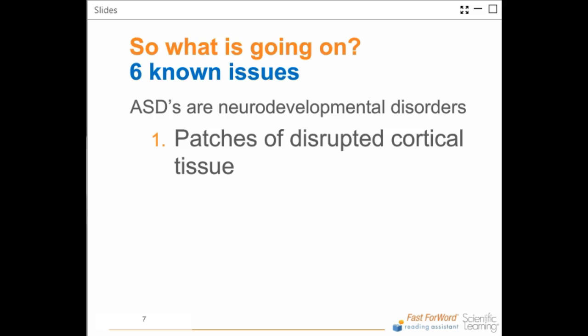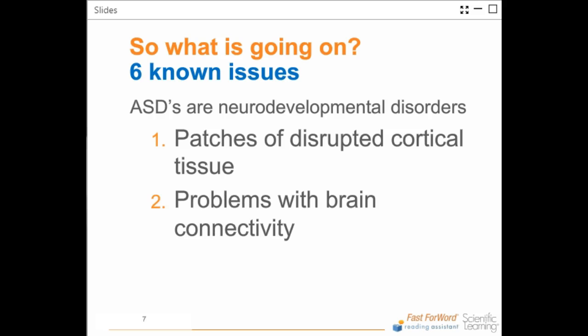What we know about that is the cortex has patches of tissue that are different than occur in children without an autism diagnosis.